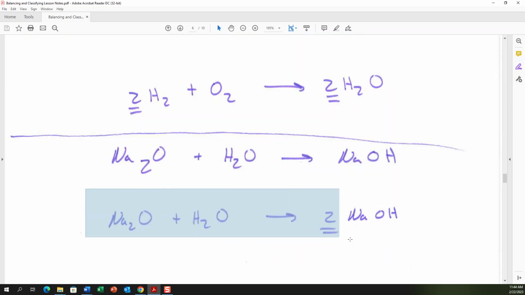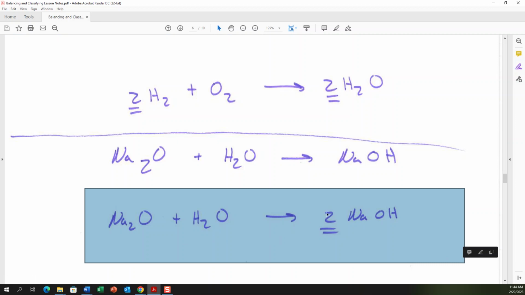So now I'm looking at this equation. 2 sodiums, put a 2 there, and now I got 2 sodiums. 2 total oxygens on this side, 2 total oxygens on this side, 2 hydrogens on this side, and because I have that 2 there now, 2 hydrogens. So this would be the balanced equation, 1, 1, 2. Those would be my coefficients.